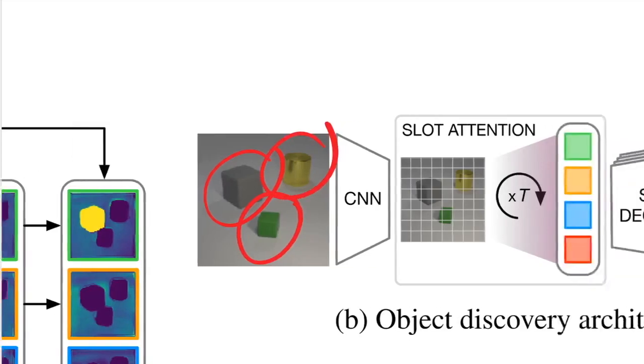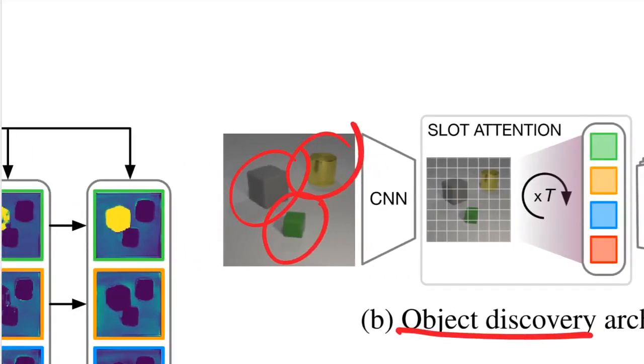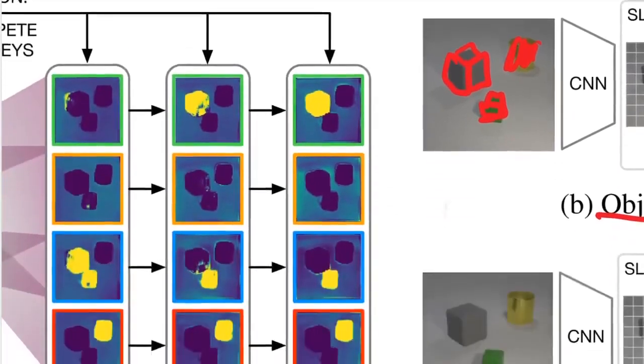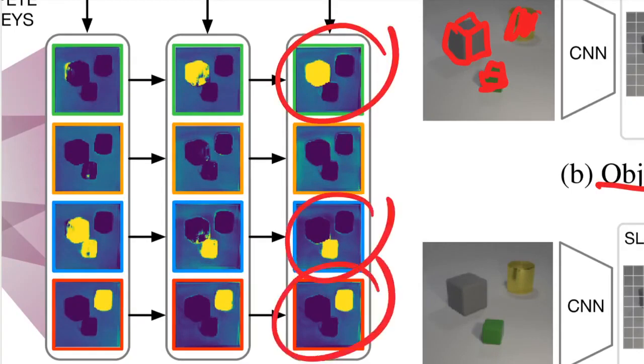Now, in the task of object discovery, what you're supposed to do is you're simply supposed to say that there is an object right here, there is an object about here, and there is an object here, right? So basically you're supposed to point to the pixels where there are objects, and you're supposed to segment the objects from each other. You can see right here that this model, we don't know how it works yet, but it separates the left cube here, the bottom cube here, and the top right cylinder right here.